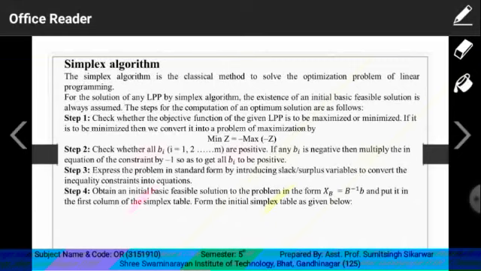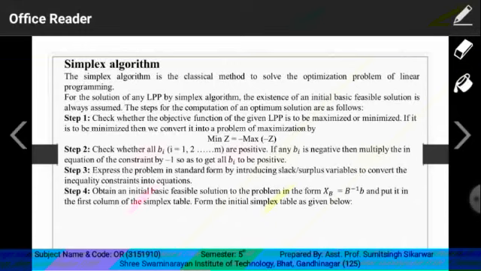Let us see the steps of computation of an optimum solution, which are as follows. In the first step, we'll check whether the objective function of the given LPP is to be maximized or minimized. Now, if it is a case of minimization, then we need to convert it into a problem of maximization.